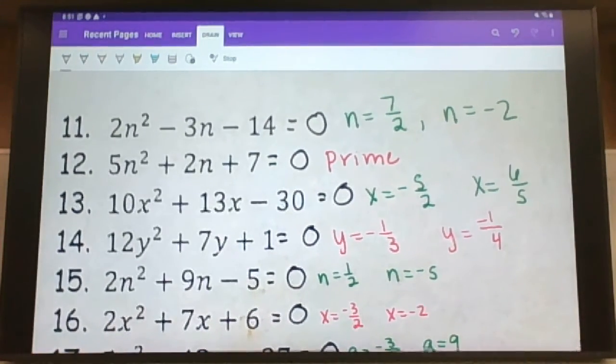Alright, here's 11 through 16. The problem is if you use a negative, then that 7 would be negative.